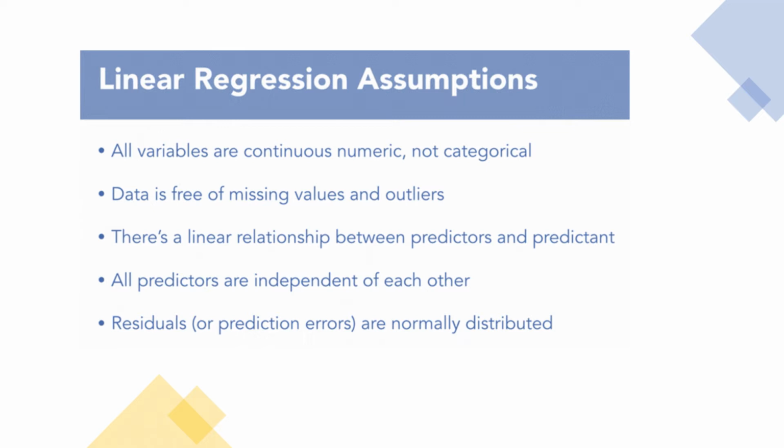Lastly, it assumes that the residuals are normally distributed. Don't worry too much about all this if you don't understand, because I am going to show you how to look at your dataset and test whether it meets the assumptions, and that's coming up in the coding demonstration.